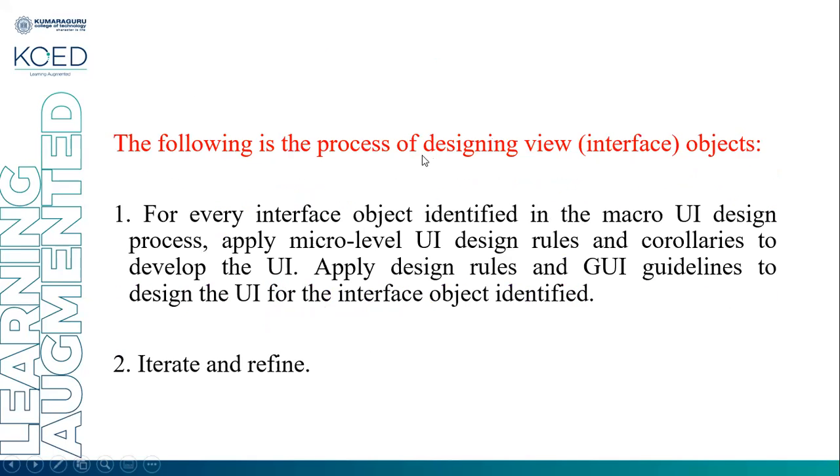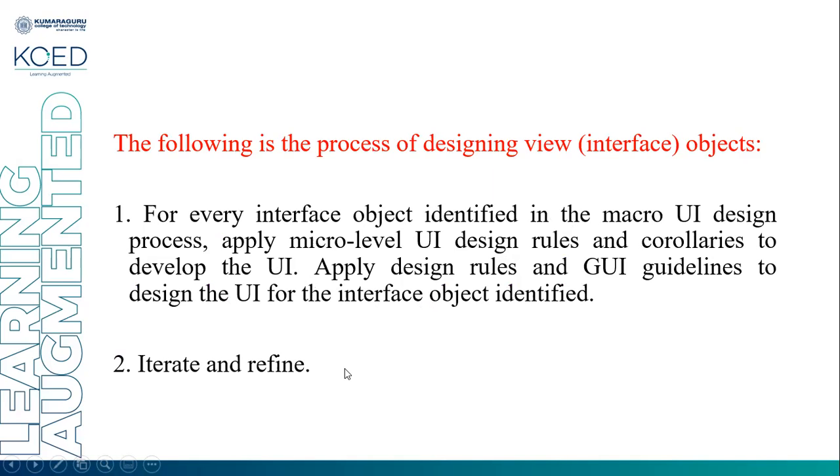The following is the process of designing view objects. For every interface object identified in the macro UI design process, apply the micro-level UI design rules and corollaries to develop the UI. Apply design rules and GUI guidelines to design the user interface for the interface object identified.